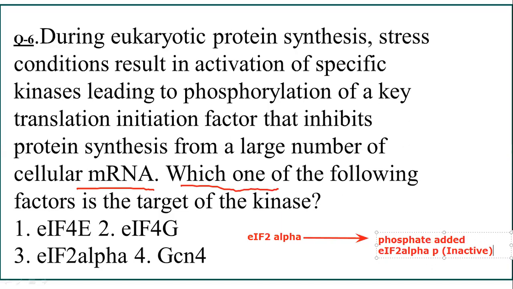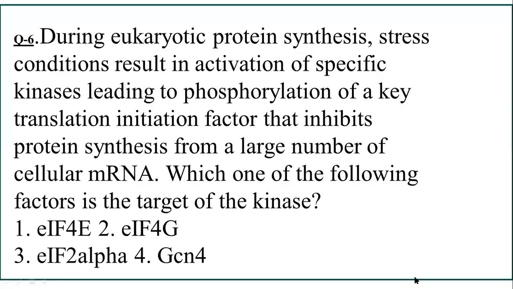That leads to the prevention of translation during stress conditions. It helps to stop protein synthesis to conserve energy, right? So the answer will be eIF2 alpha. That is, 3 is the answer.